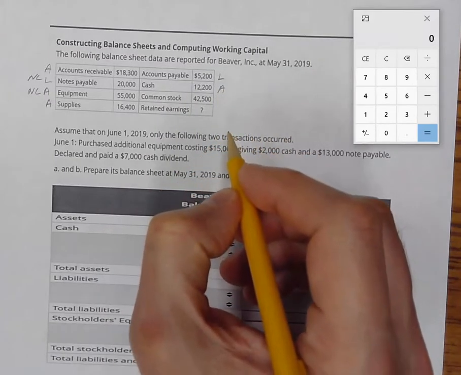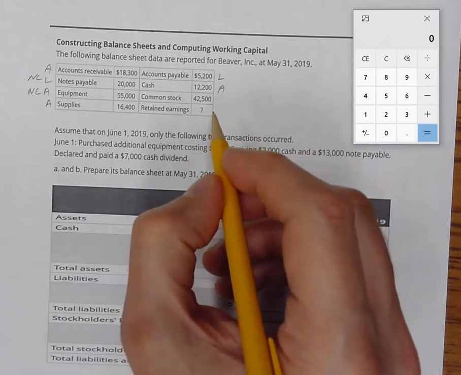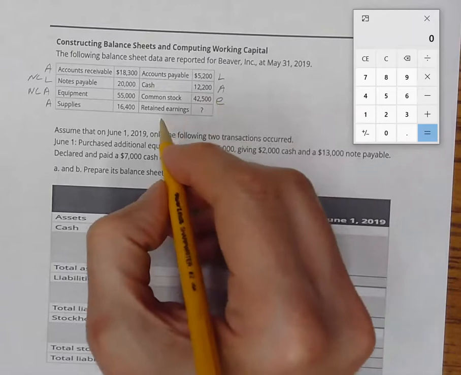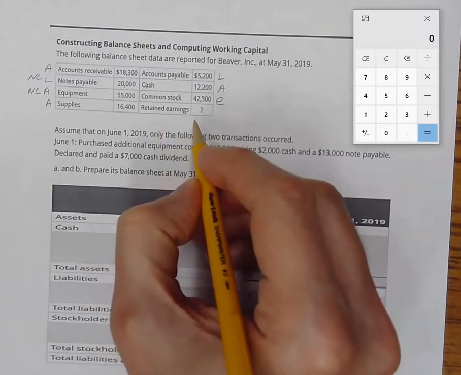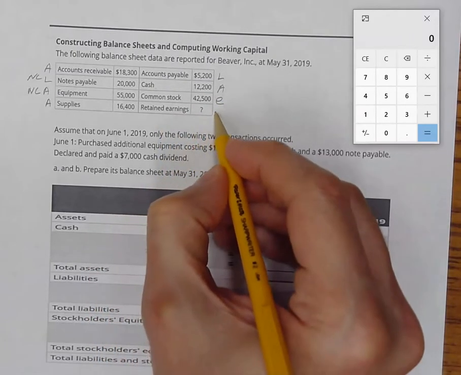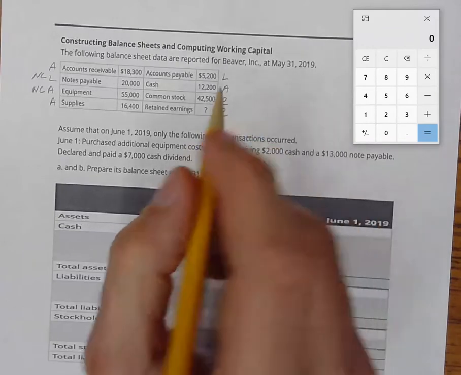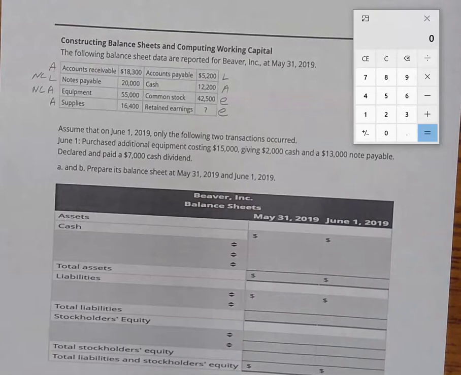Common stock is one of the 2 components of owner's equity, so I'm going to put an E right here. And then retained earnings is also a component of stockholders' equity. Okay, I don't believe that this is a part of the question.